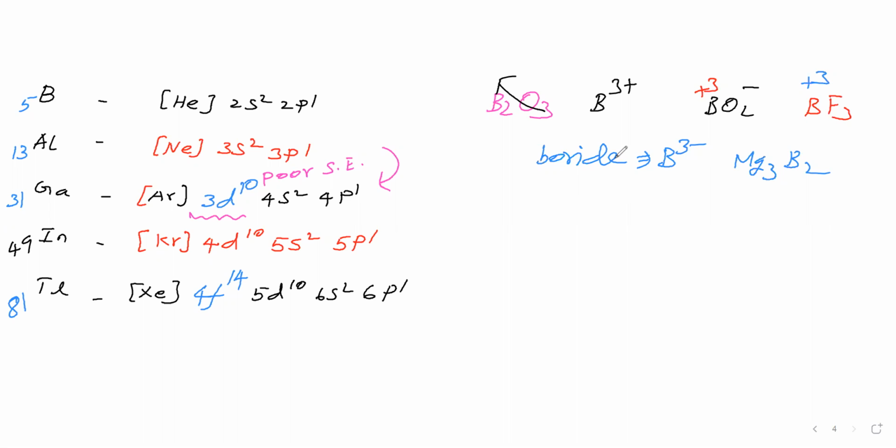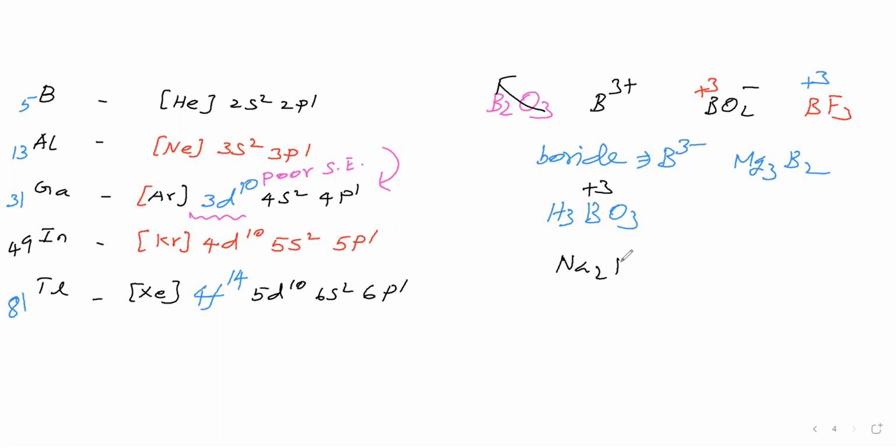So boron shows oxidation number minus 3, otherwise plus 3. Positive oxidation state means plus 3, negative oxidation state means minus 3. Then orthoboric acid, H3BO3. Here boron oxidation number is plus 3.